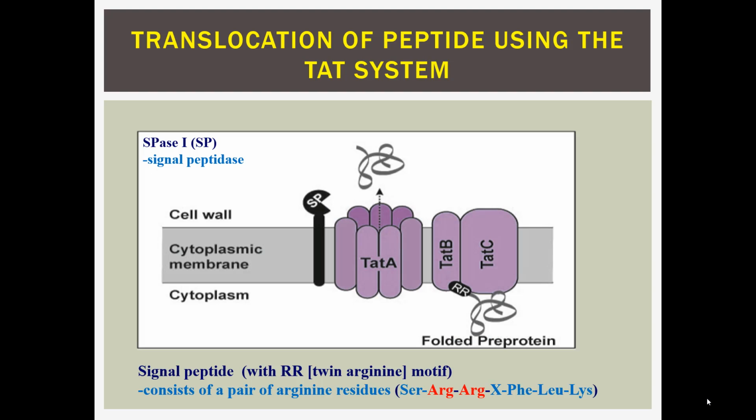The folded preprotein, which contains an N-terminal signal sequence shown here in a black oval with a twin arginine RR motif, is recognized by the TatB and TatC complex. TatB and TatC then deliver the peptide to TatA. Now, TatA is a channel through which the peptide translocates across the membrane. Before it translocates, the signal sequence is removed by signal peptidase.